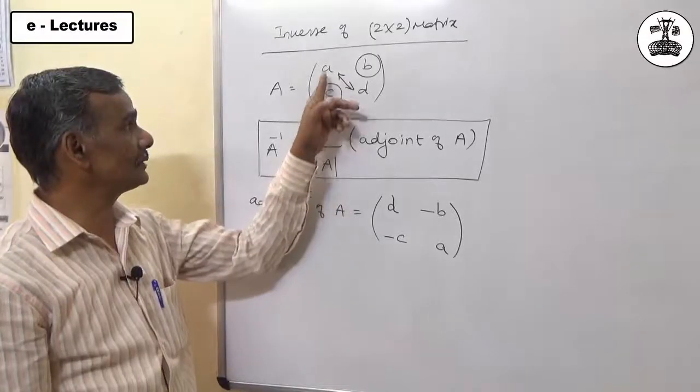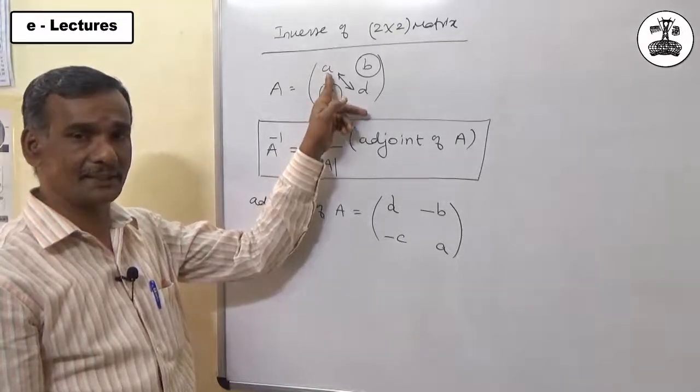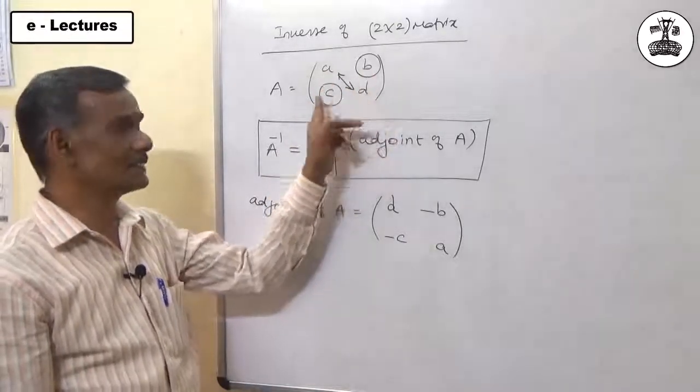So determinant A is equal to first diagonal elements அப்போ இருக்கும் A into D minus B into C.